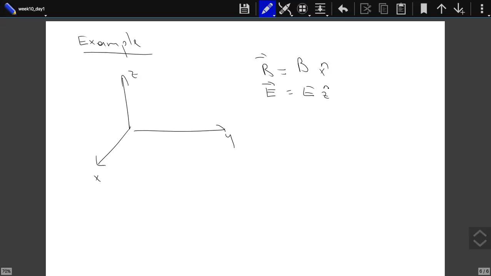You put a charge at the origin, and you wait for a long time. Where would you expect the particle to be after a long time? Electric field is in this direction. Do you expect the particle to be somewhere over there? What do you expect?